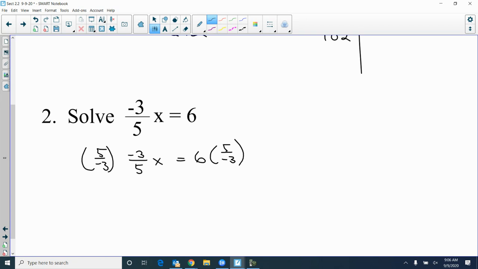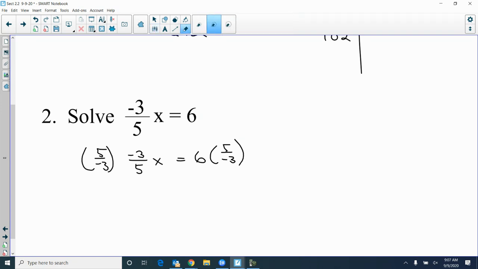What is that? Did anybody get an error message? Okay, this is what happened. Now, that doesn't mean there's not an answer. Your calculator doesn't like what you put in there and it won't do it. And I really don't know why. But here's what happens. If you put a negative in the denominator, like if you enter a fraction and you put it in as 6 times 5 over negative 3, it's always going to give you an error message.